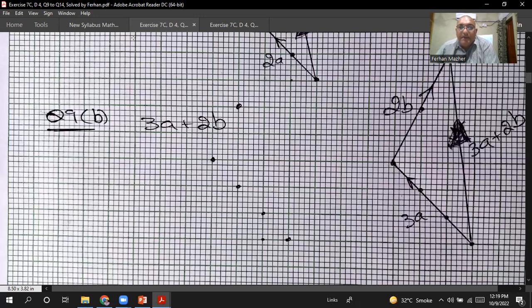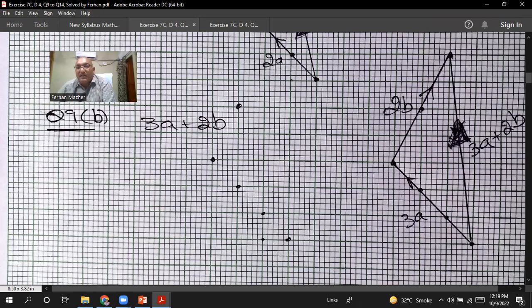So I have drawn it here. This is my starting point. One to the left, one upward; one to the left, one upward; one to the left, one upward. That is 3A. Then at the head of this vector, I will draw 2B: 1 to the right, 2 up; 1 to the right, 2 up.